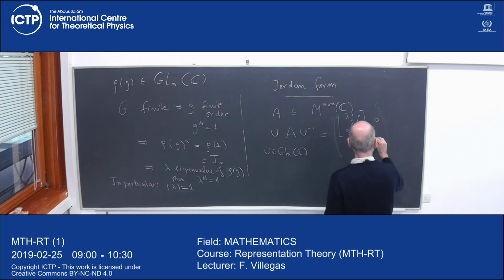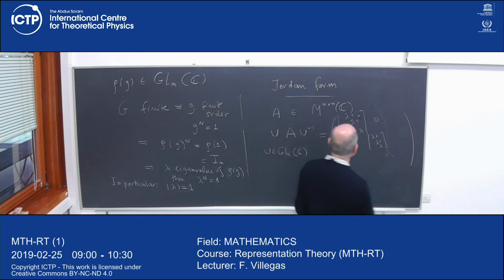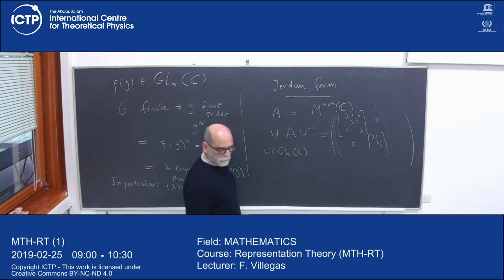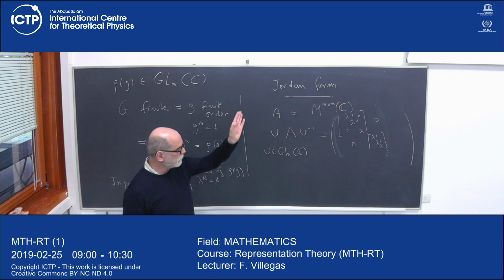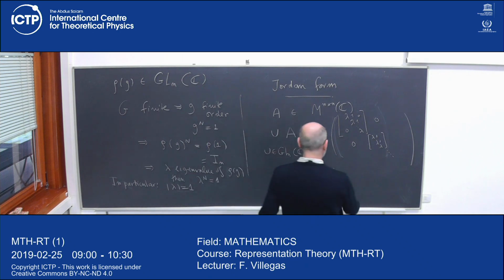So you can write the matrix in block form, in which each block, called a Jordan block, consists of the diagonal element being the eigenvalue, and then ones.